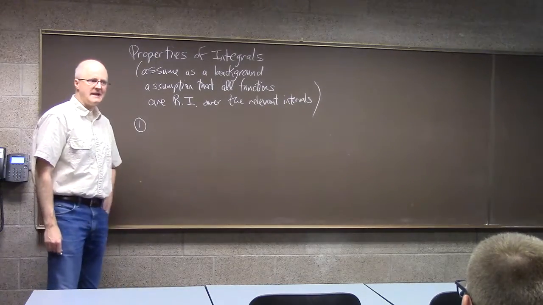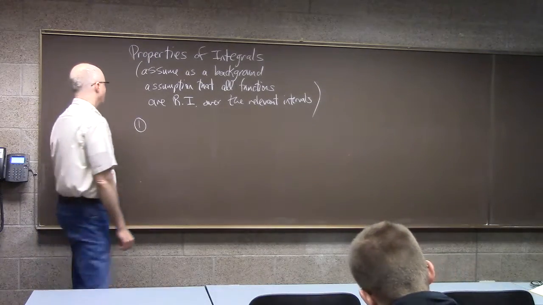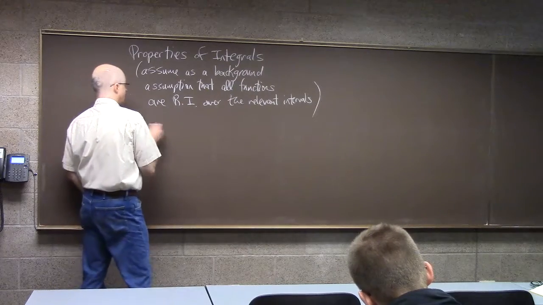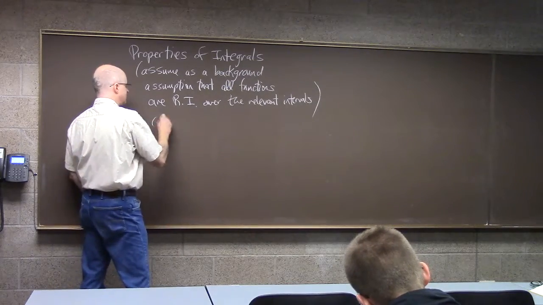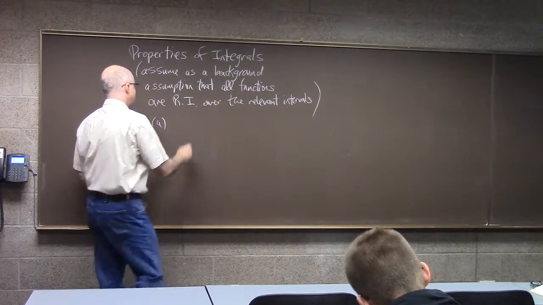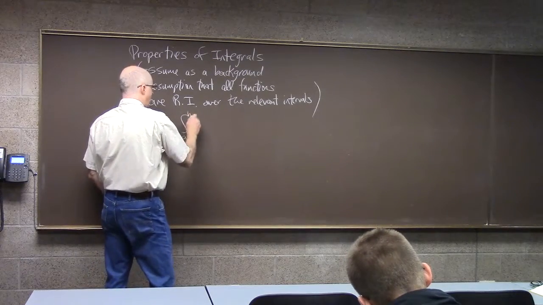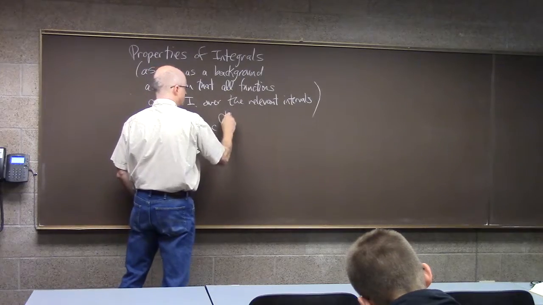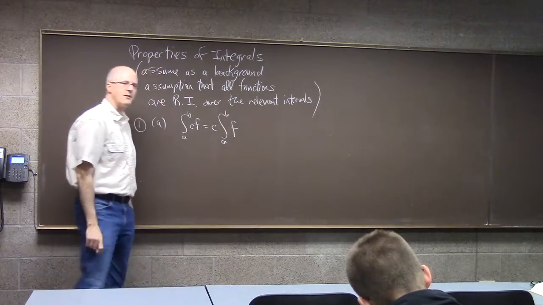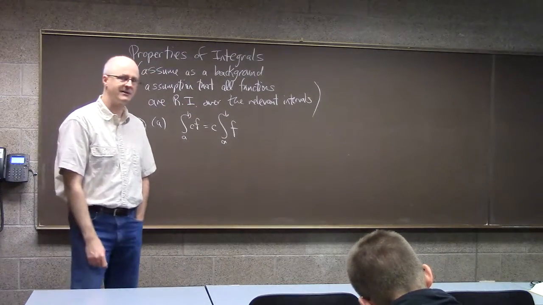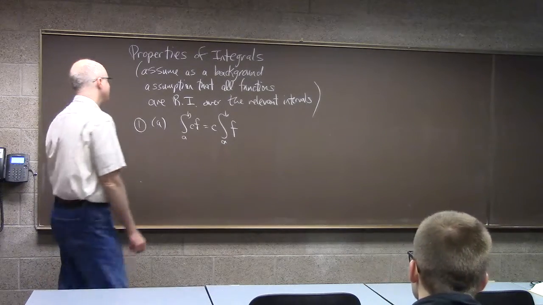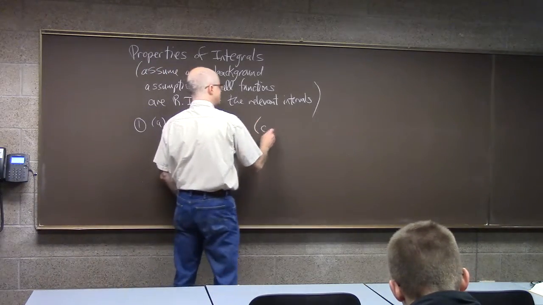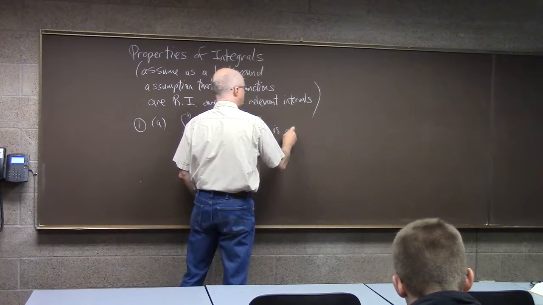One property is linearity. Well, you could write that as a bunch of sub-properties. You could say the integral of a constant times a function is that constant times the integral. Careful with our notation here. f is a function, c is a constant. c is any constant.